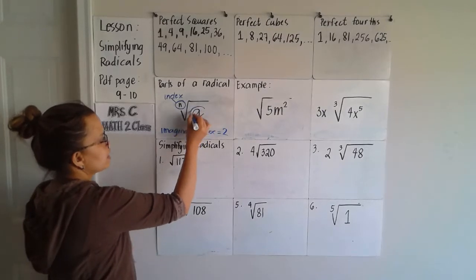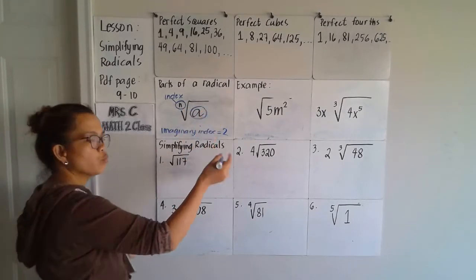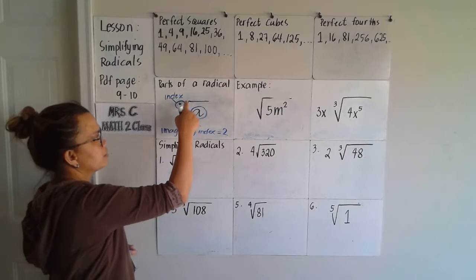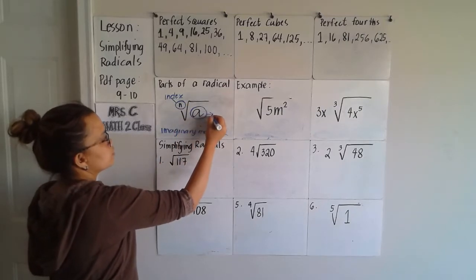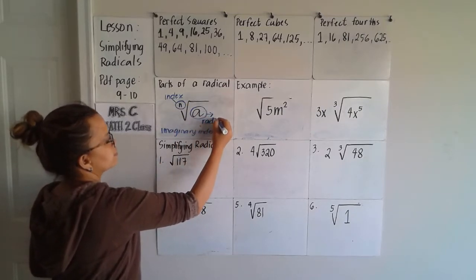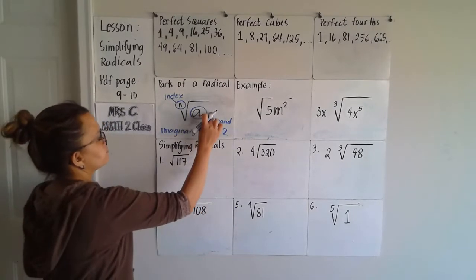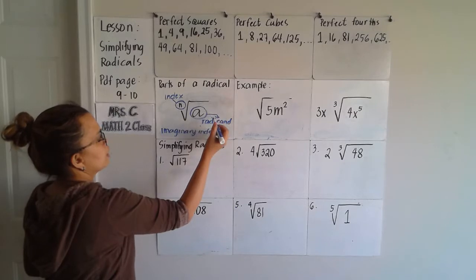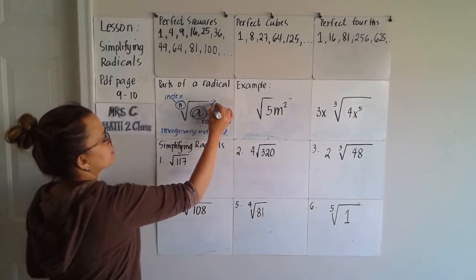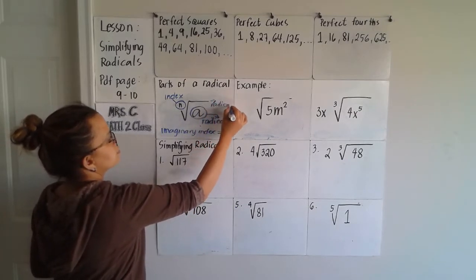Next, this a here, under the radical symbol, or whatever is under the radical symbol, is known to be your radicand. And this symbol right here is the radical symbol.